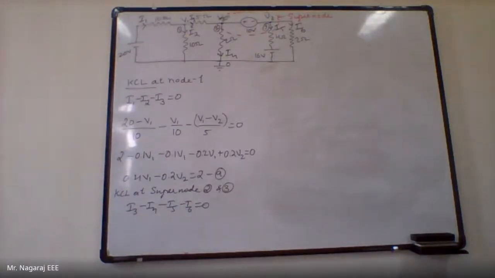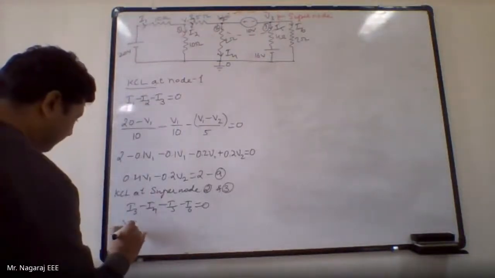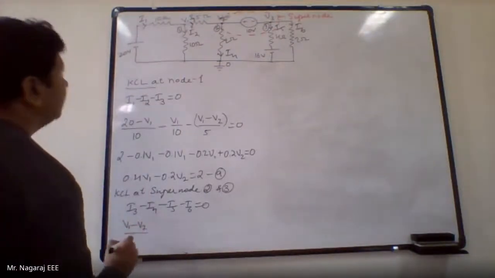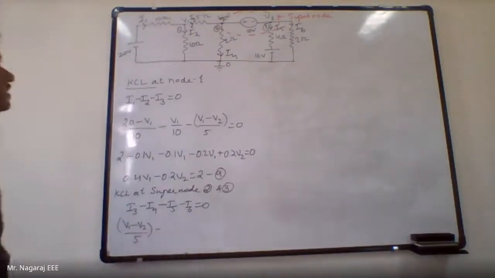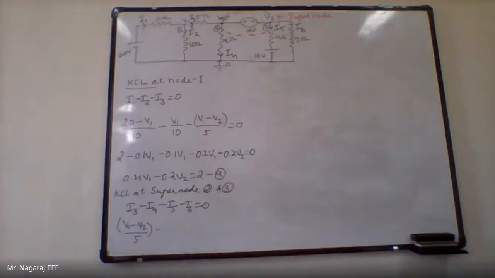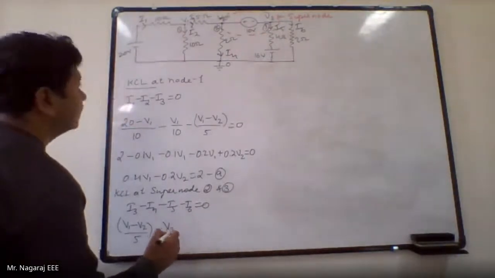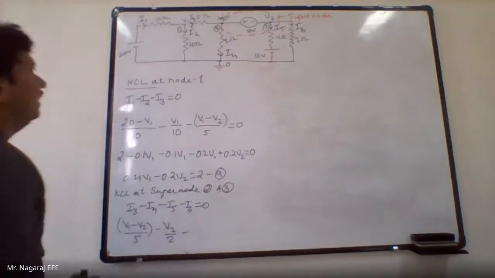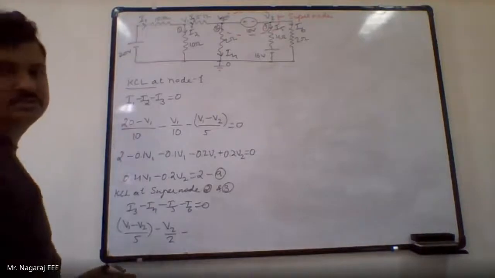Now what is I3? It is between V1 and V2, from V1 to V2, so V1 minus V2 divided by 5. Minus I4, which is between V2 and reference, that is V2 by 2. Minus I5 is between V3 and 16 volts, not reference.